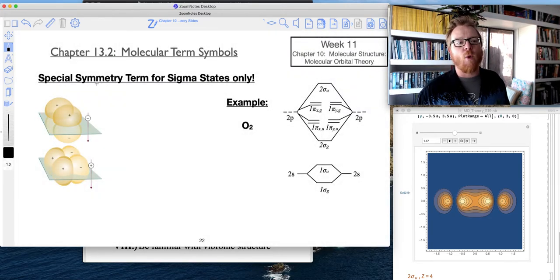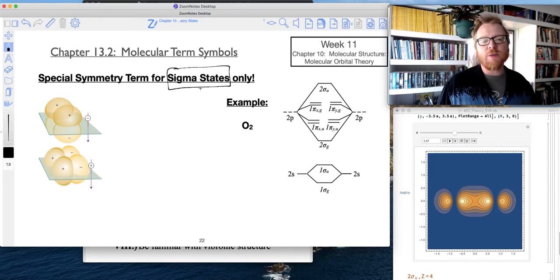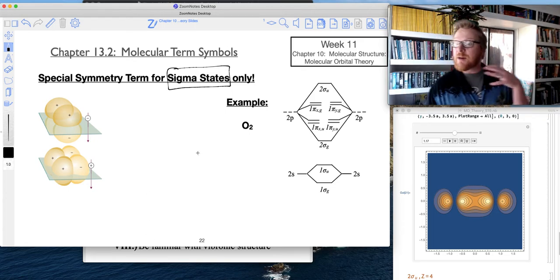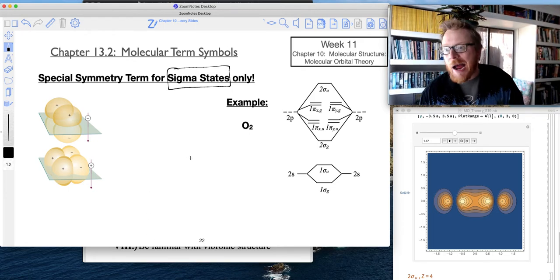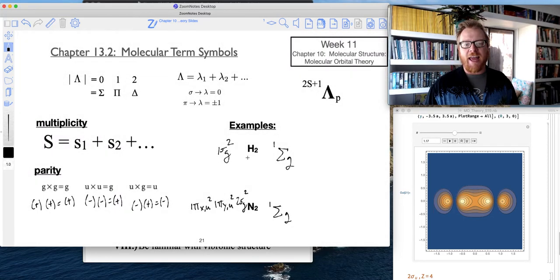There's one more special symmetry term, and that's for sigma states only. Okay? The way this works for the sigma state, we have to consider that a sigma state can be created by this confluence of pi bonds. When we're talking about something like H2, we have no symmetry things to worry about because it's entirely made up of s orbitals.